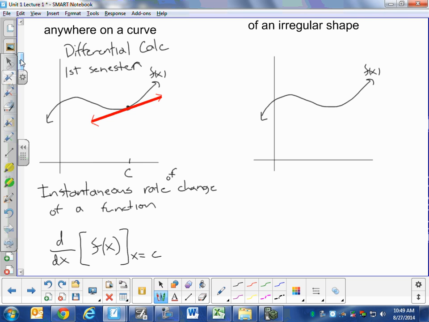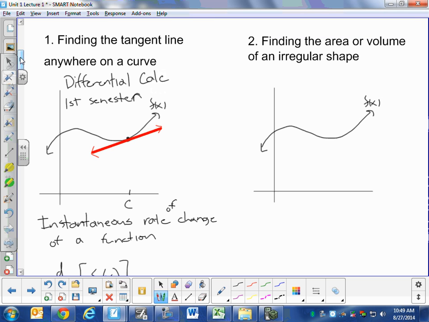Second question that calculus helped solve was finding the area, an exact area, or an exact volume of an irregular shape. So take the same function. What we're going to do is take two kind of boundaries, starting at A, going to B. And we will calculate the exact area underneath that function above that x-axis.